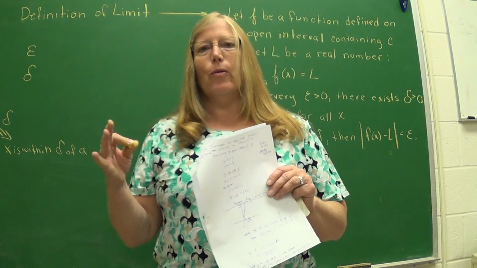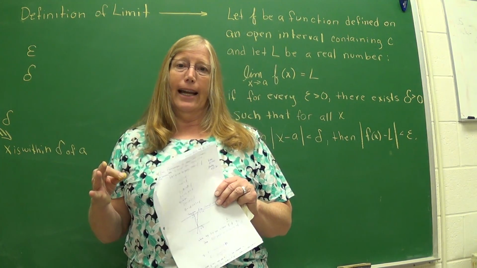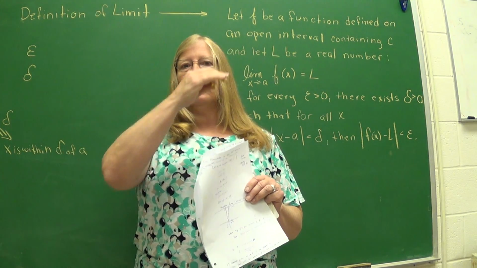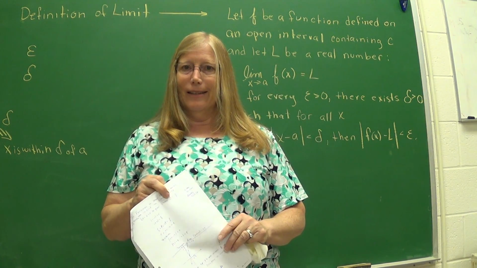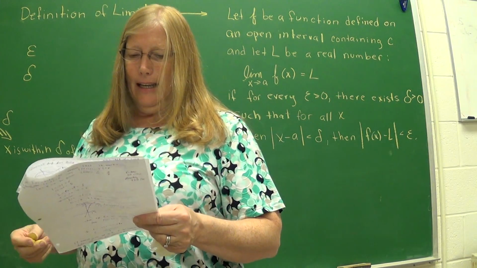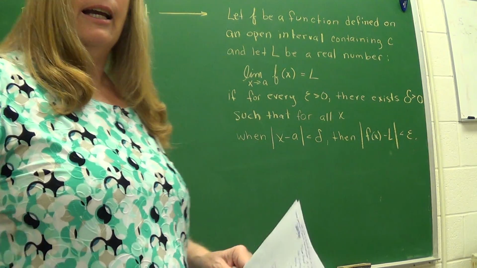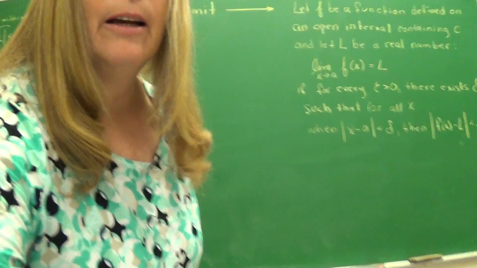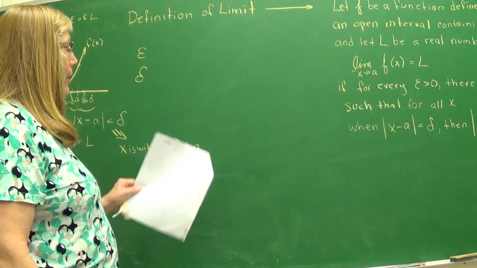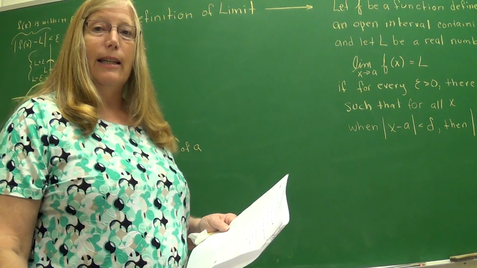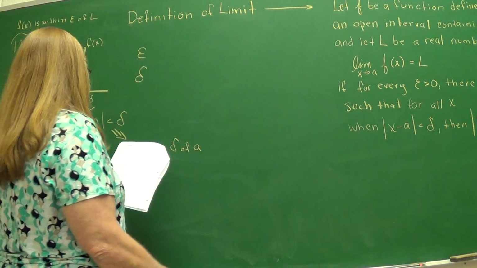We're picking our x's closer and closer to a to establish what we need and are within epsilon of L. All right, let me show you an example, and it won't really hit home until you're able to do your own examples. So I'll do one and see if you can do one.